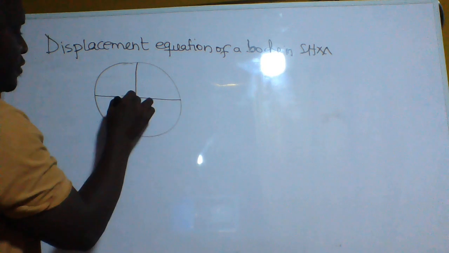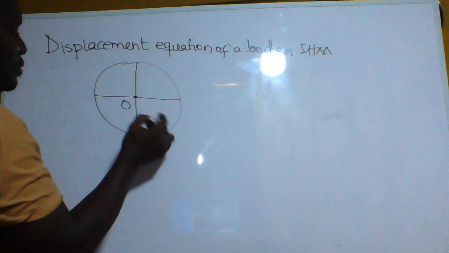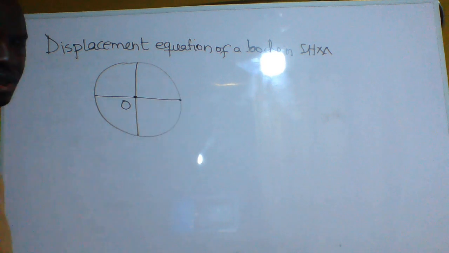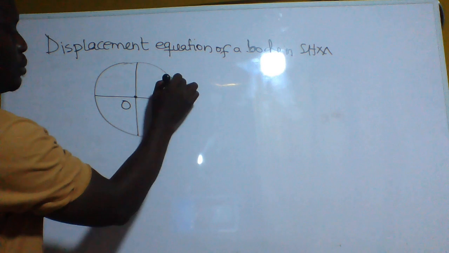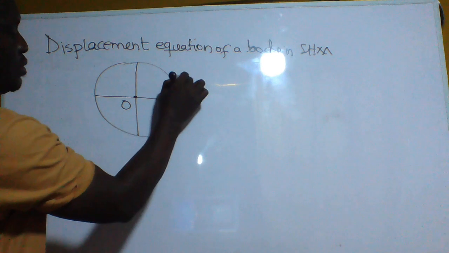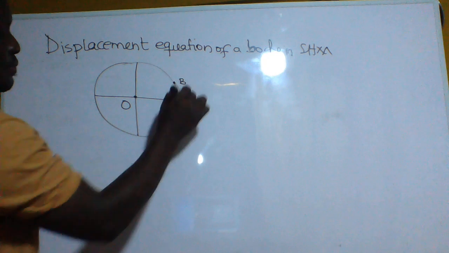This is the center of the circle, O. So we considered a particle moving from a point A to a point B within a time t.